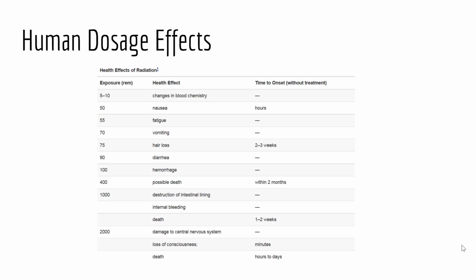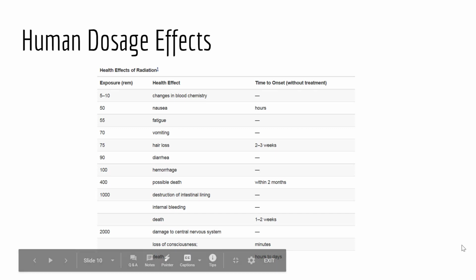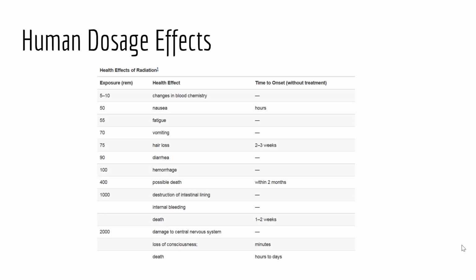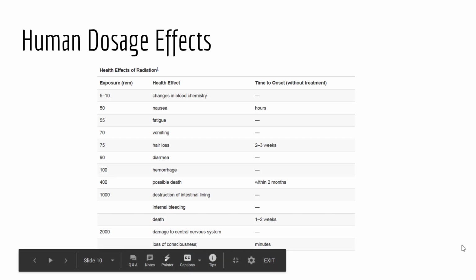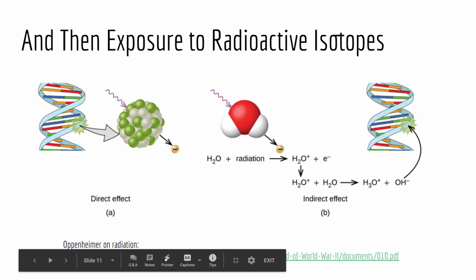But you can see that as these REM exposures, these high dosages of radiation, go up, you get vomiting, you start losing your hair, you start hemorrhaging, and you can die if you get a 400 REM dosage. You start to destroy things in your body, damage to your system, if you have 2000, and then you can obviously die as a result of overexposure to radiation.